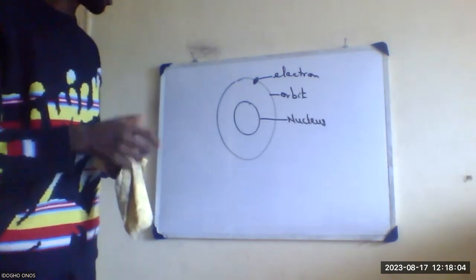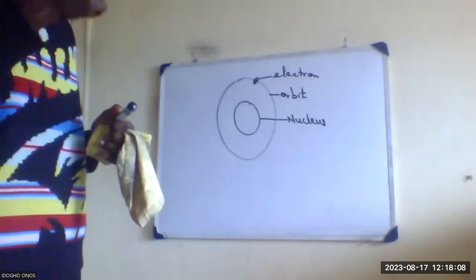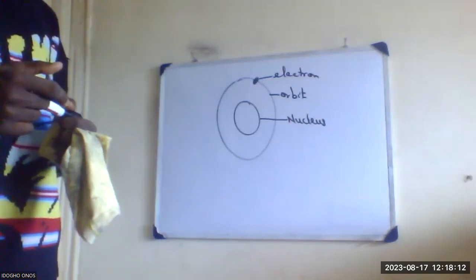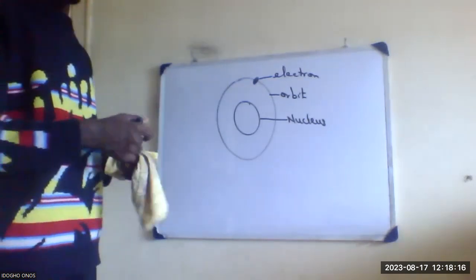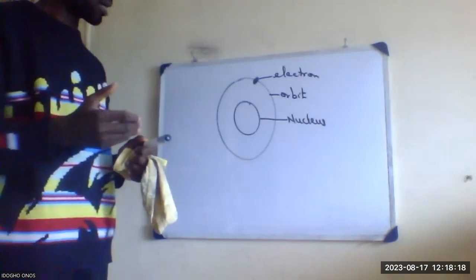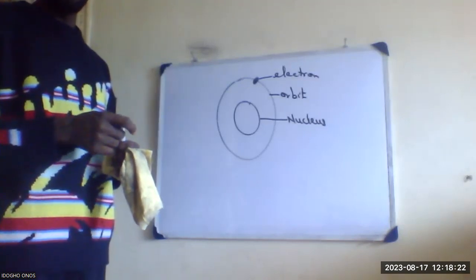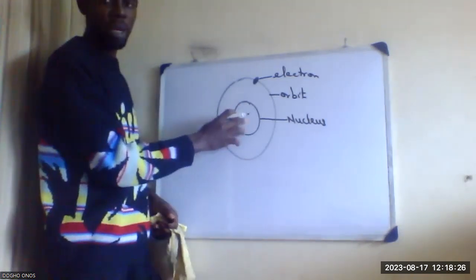Okay. And we said we have three subparticles of an atom, which are protons, electrons, and neutrons, right? From this diagram now, I've only represented electron. There's no proton in this diagram, and there's no neutron in this diagram. Good. So those two subparticles are found inside the nucleus of an atom.